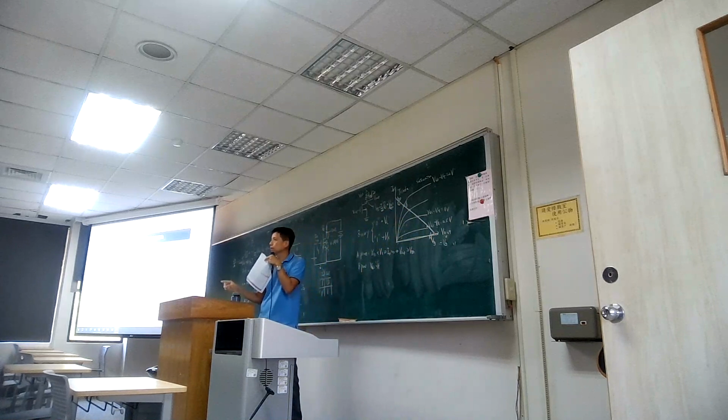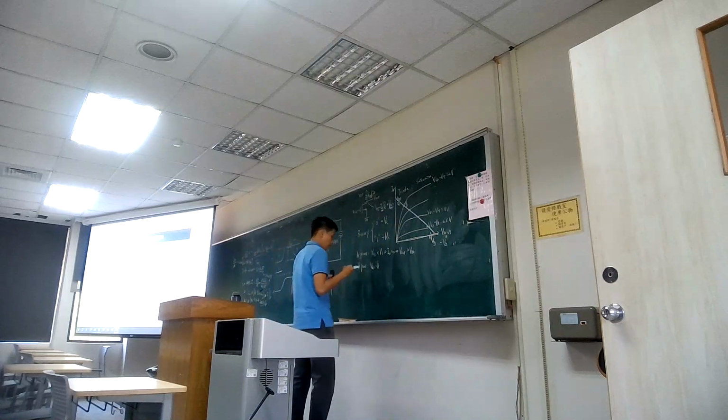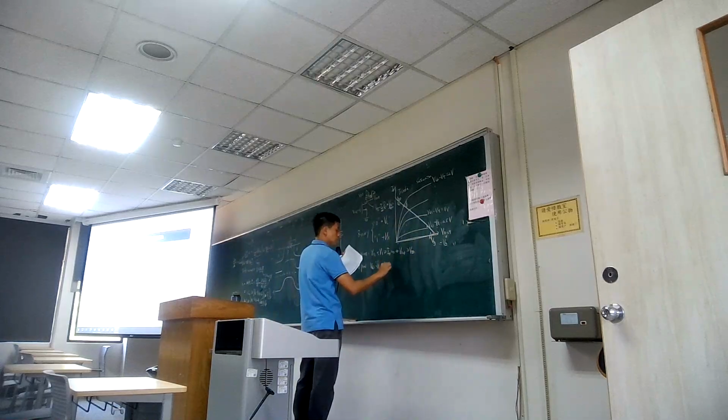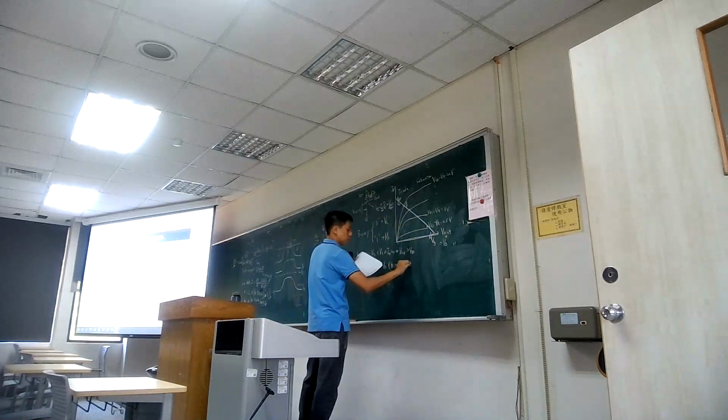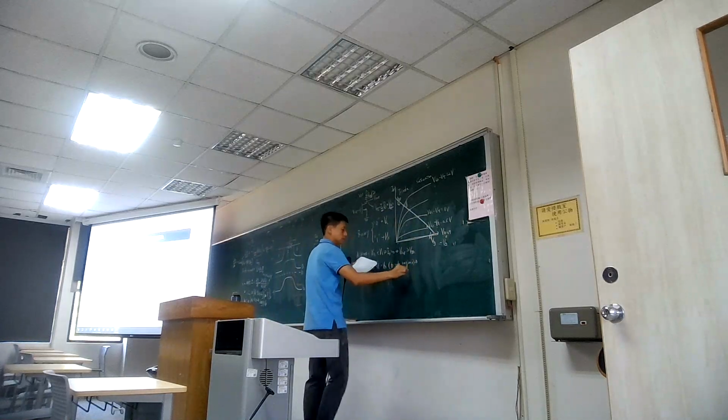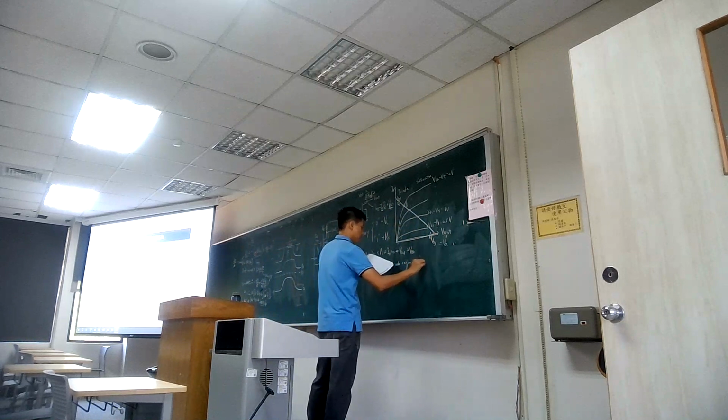When you work in the triode region, you need to use the equation VGS minus VT multiplied with VDS minus 1 over 2 VDS squared. That is what we described in the previous slide. So for this triode region, we can denote it as VGS minus VT is larger than VDS. So VDS is small, and this one is in the triode region. Let me just recap.